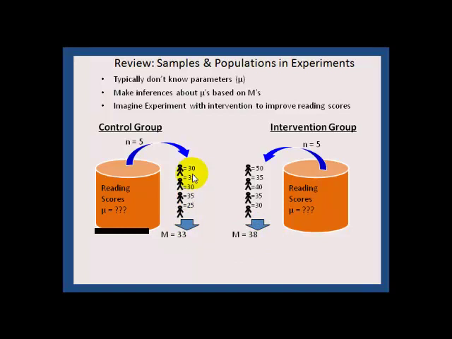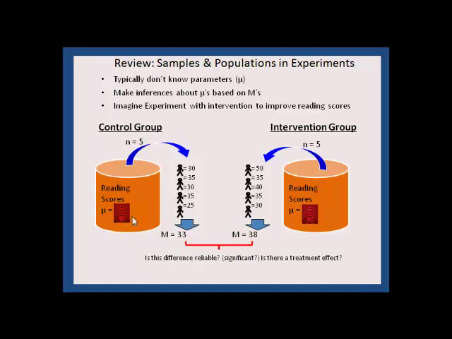But the problem is we don't know if this difference is reliable or significant. We don't know if there's a treatment effect, in other words, whether the population mean for the control group truly differs from that of the intervention group, or if this difference is just a function of sampling error and the two population means are actually the same.